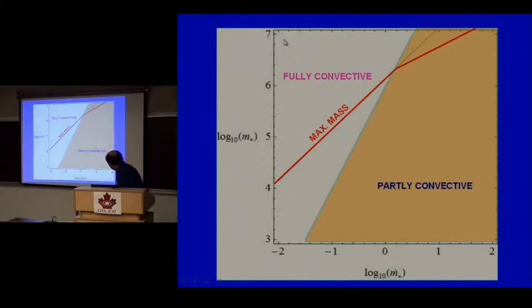So you don't have to worry about it; the Eddington limit is not on this diagram. All the stars that are partly convective are at the Eddington limit. Eddington limit is M dot proportional to M, so presumably it's just... I see what you're saying.